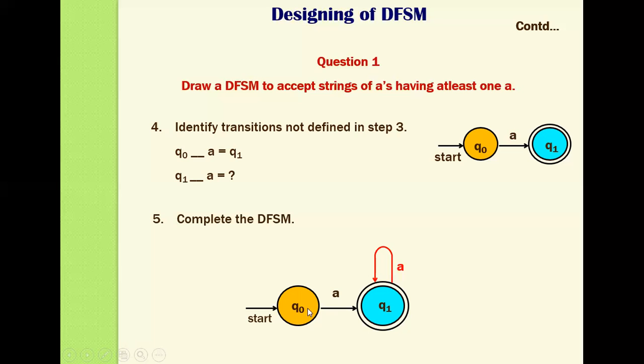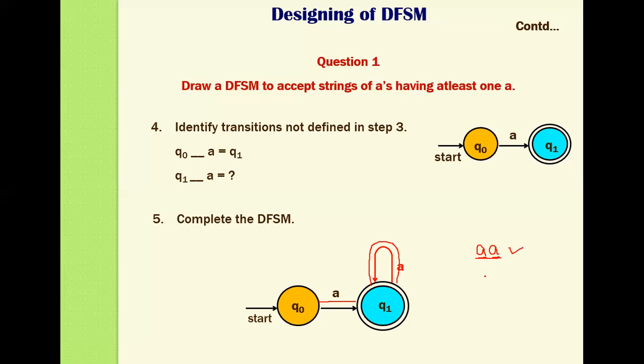Let us take one example: A, A. 2A's is my string. For the first A, it begins with the start state and upon reading A, it will reach the final state. So 1A is read. Now the other symbol we have is A, so I can use a self loop like this. Which is my state? Q1, which is the final state. Final state means the string is accepted. So AA is accepted.